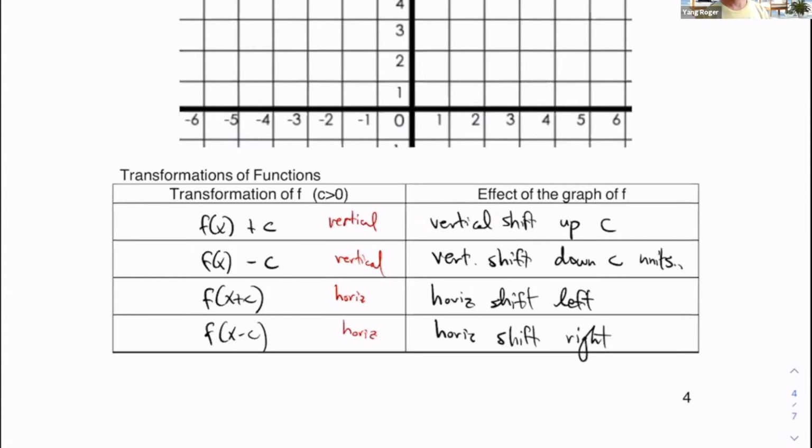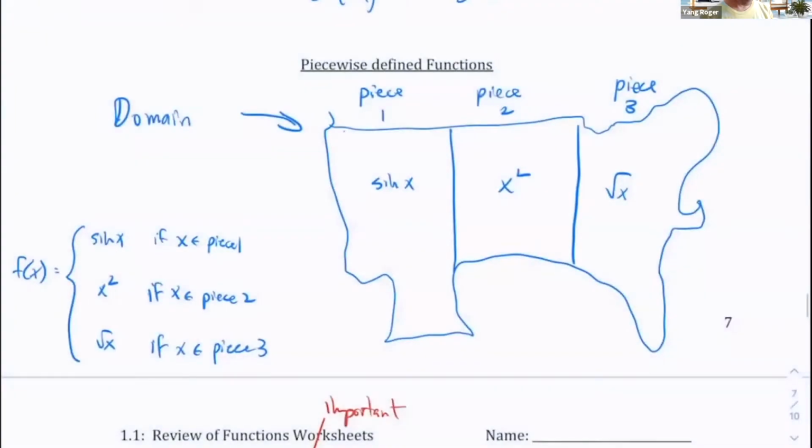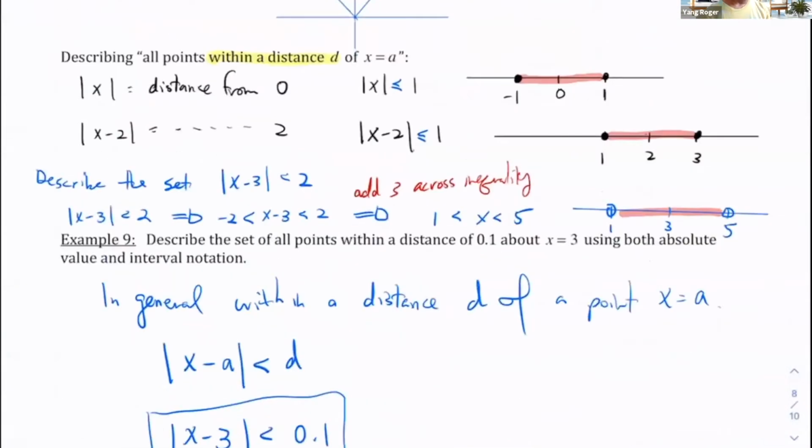So I kind of want to tie this back to the beginning of the class. Check this out. Remember I was talking about this. At first I was looking at this graph as an absolute value thing, and this is absolute value of x minus 2.